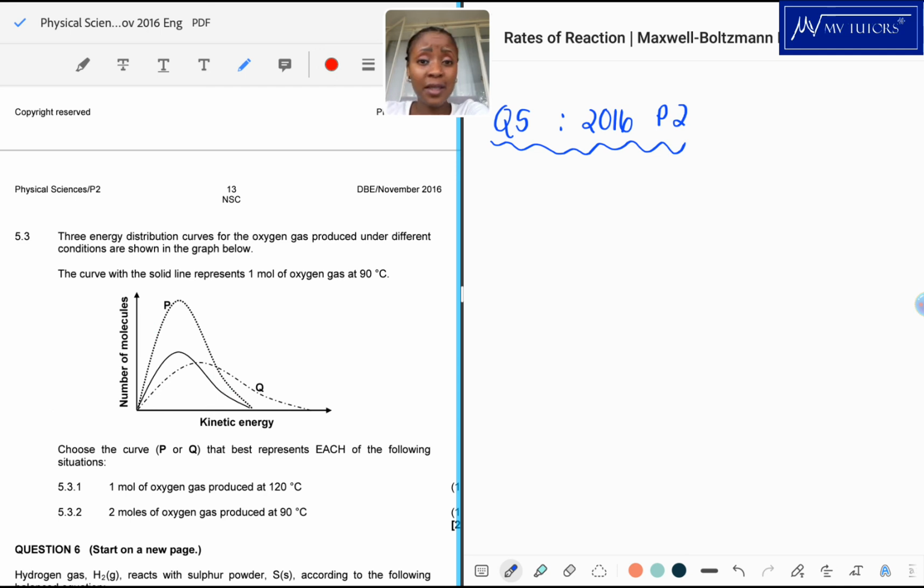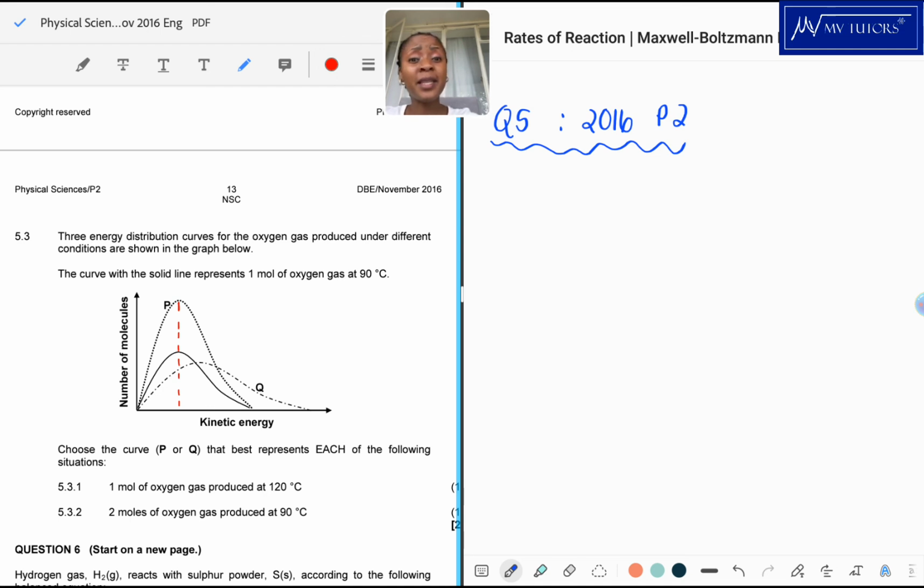Okay, before we even look at the questions, look at P. Okay, if you were to look at P, you would see that the most probable energy is actually the same as the original graph. Okay, if the most probable energies are the same, it means either the concentration was increased or decreased, or it means there's a catalyst.